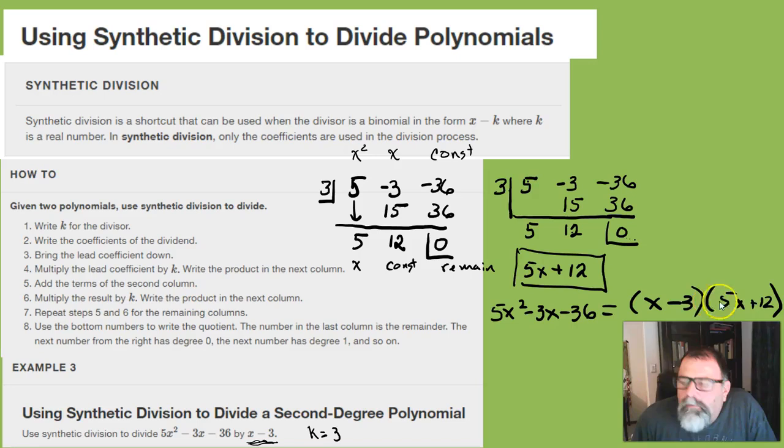If I FOIL this, you would get 5x squared minus 3x minus 36. So I can do that as a check. And then again, since the remainder is 0, 5x plus 12 was a factor, x minus 3 was a factor, right? So if you divide and the remainder is 0, that means it goes in evenly, and the divisor and the quotient are both factors of the dividend.